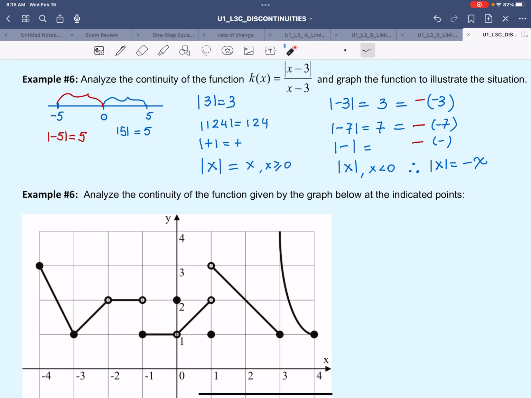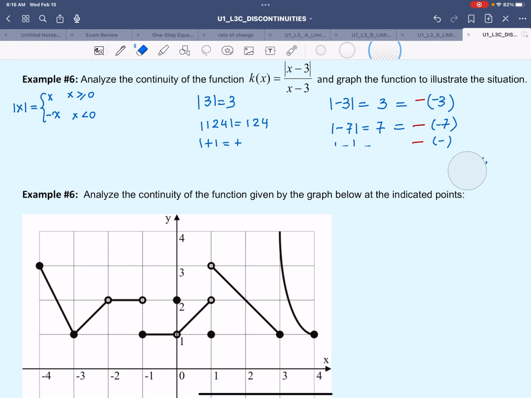So generally speaking, I'm going to erase this and put the definition in here. The absolute value of x is equal to x if x is positive or 0, and the opposite of x if x is a negative number.